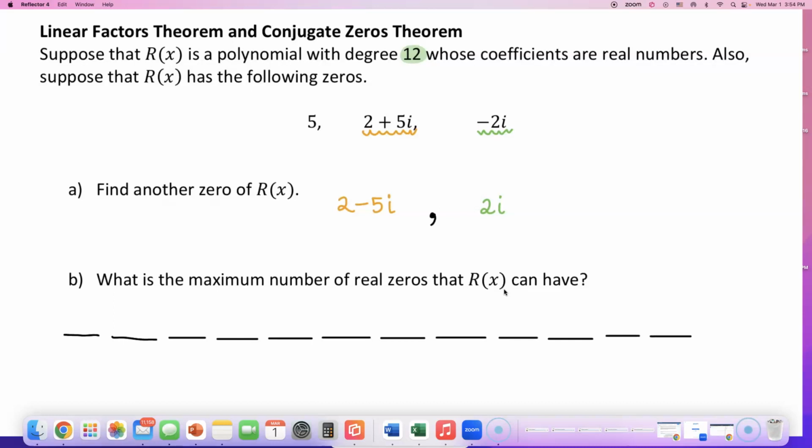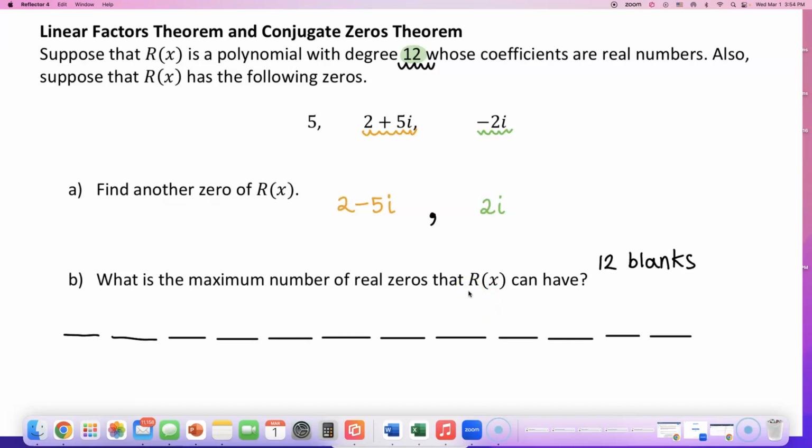So what I did, I drew 12 blanks, okay? 12 blanks because we are going to have 12 zeros in total, okay? Now I'm going to classify them as real or non-real, okay?